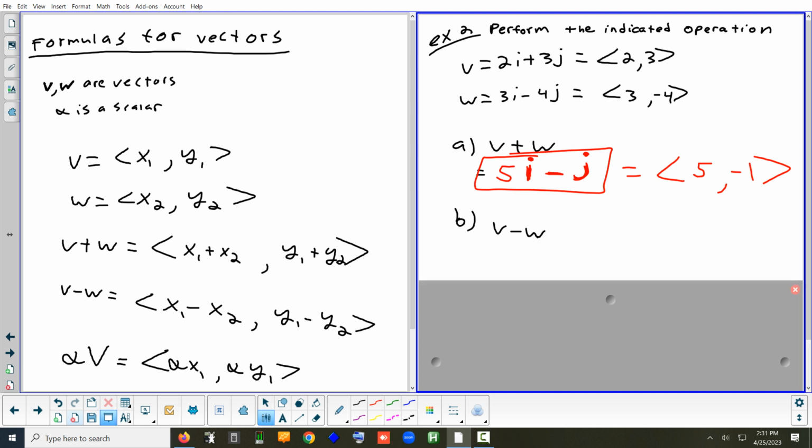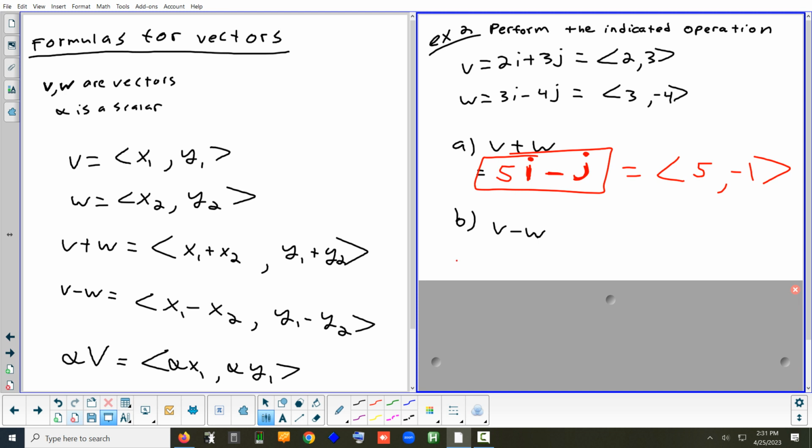Okay, let's try v minus w. What do you think the horizontal component would be if we do v minus w? Yep, negative i.